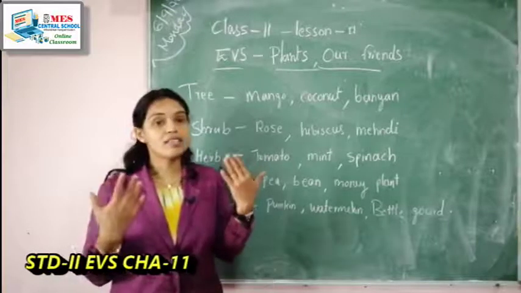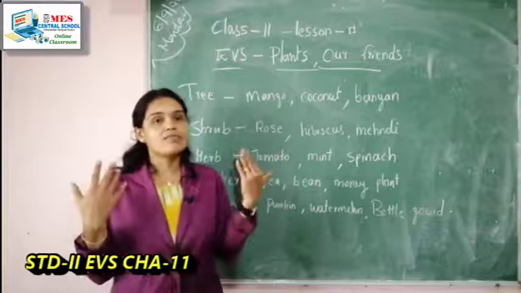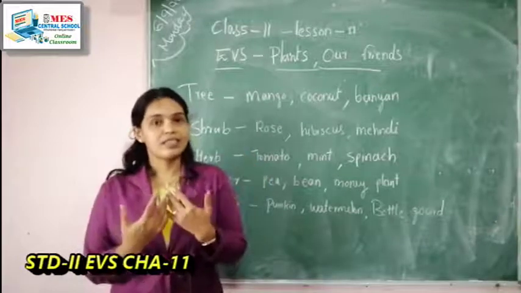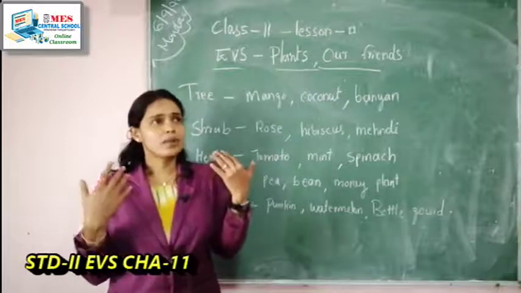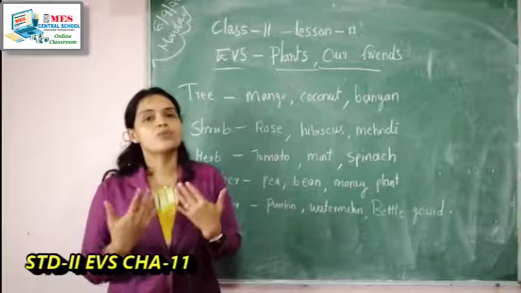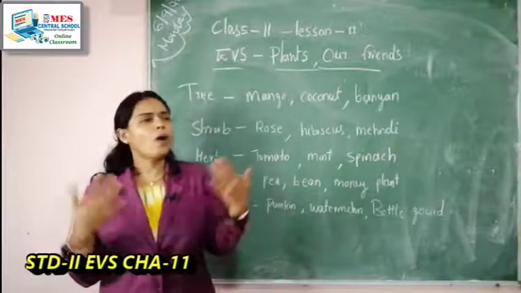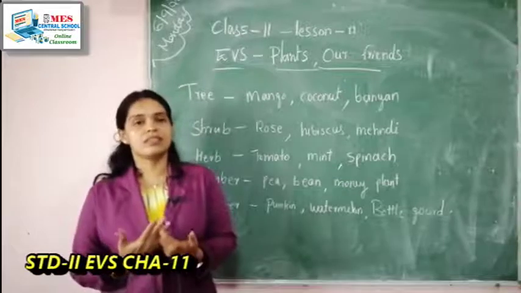We know that the plants give us food, fresh oxygen, fresh air, and also rain. So many helps the plants do for us. All animals depend on plants for their food.